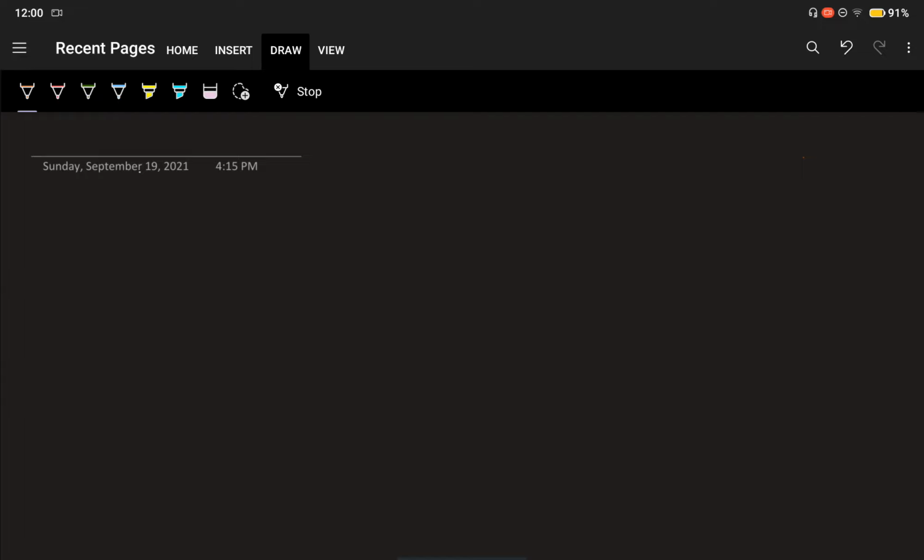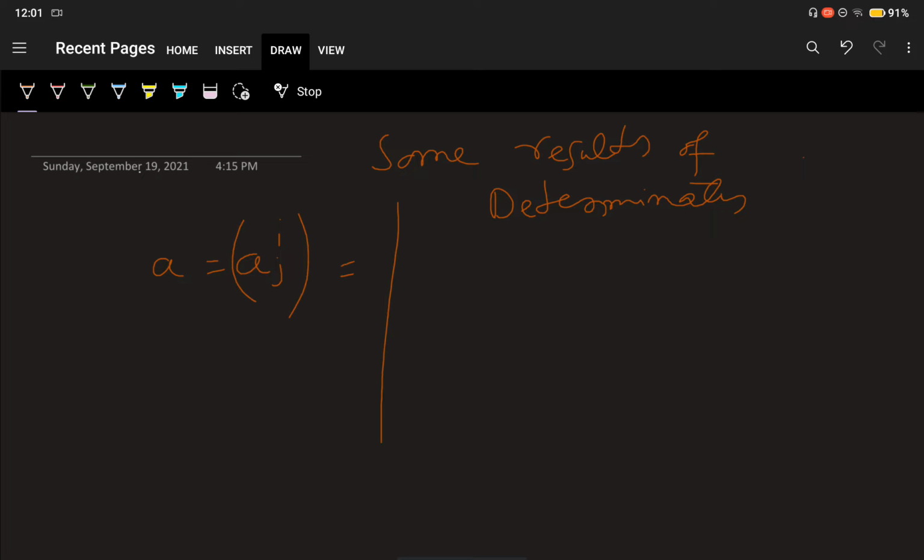So now some results of determinants. A determinant A can be written as, for nth order, this component is a_ij, that can be written as a11, a12, a1n, a21, a22, and a2n.